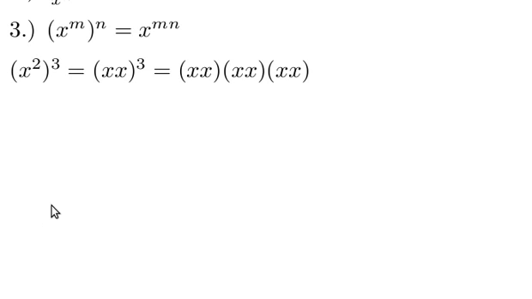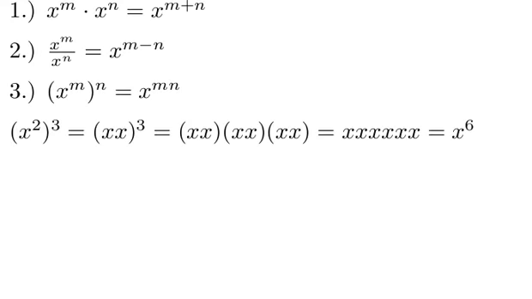Now, in this case, when you have multiplication like this, you can just remove the parentheses. So that means you'll have 1, 2, 3, 4, 5, 6 x's left, which is the same thing as x to the 6. And notice, of course, that 6 is 2 times 3.